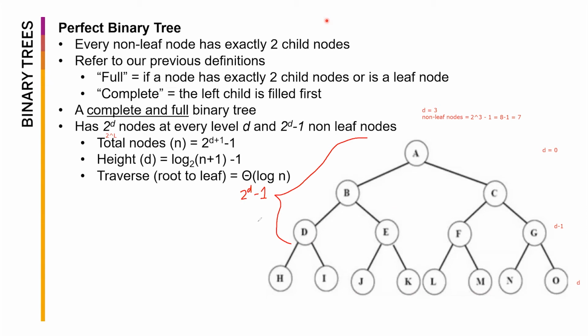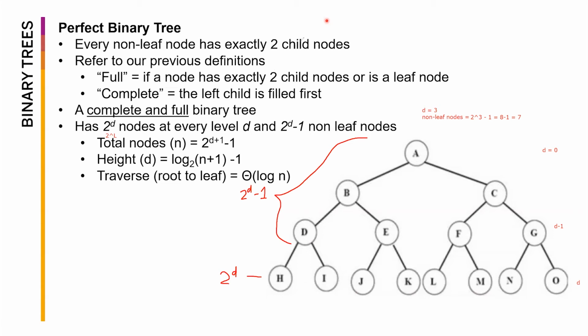Correct? Does everyone agree on that? Now, at level D, which is this one, we have 2 raised to D nodes. So for total nodes, we simply add the two.